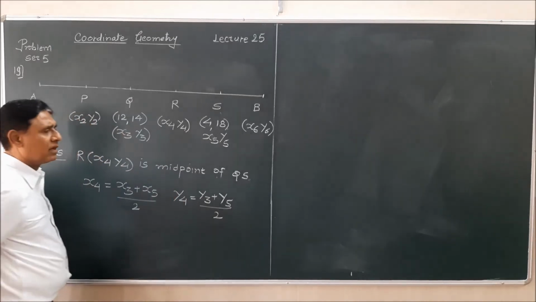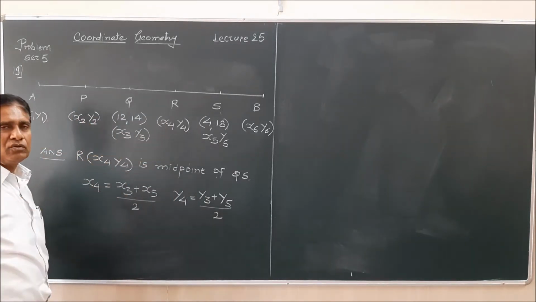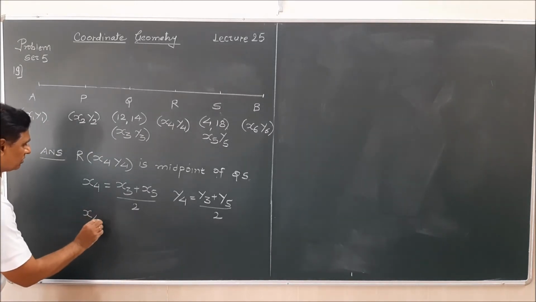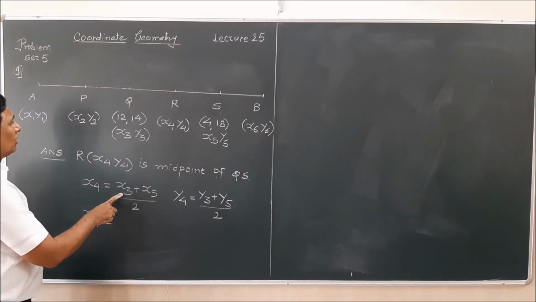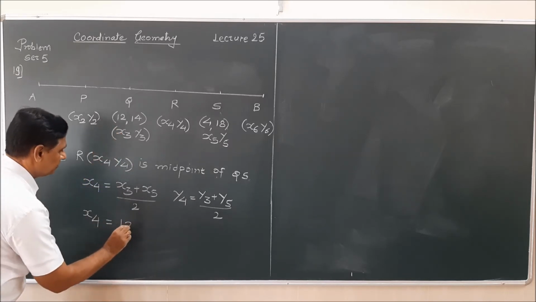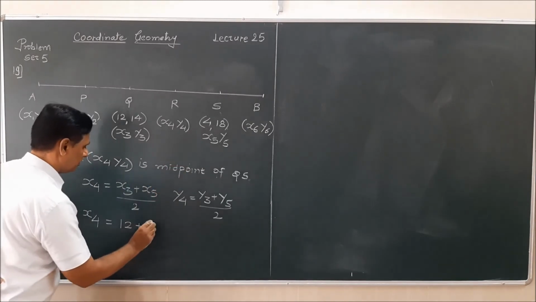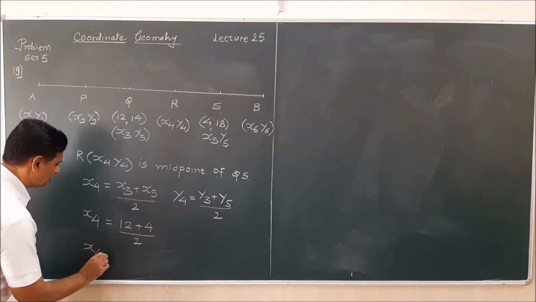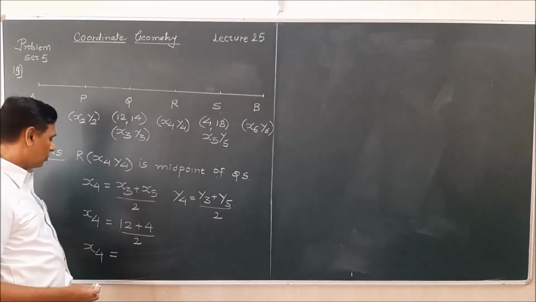To get the coordinates of all these points, you have to use only the midpoint. So x4 is equal to x3, which is 12, plus x5, which is 4, upon 2. So x4 is equal to 12 plus 4 is 16 upon 2 is 8.